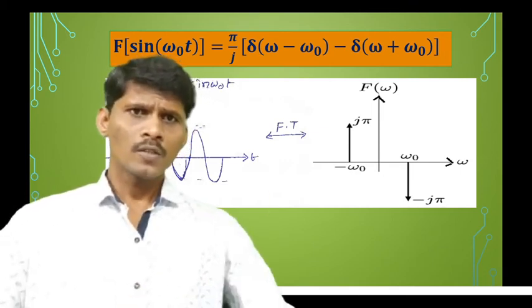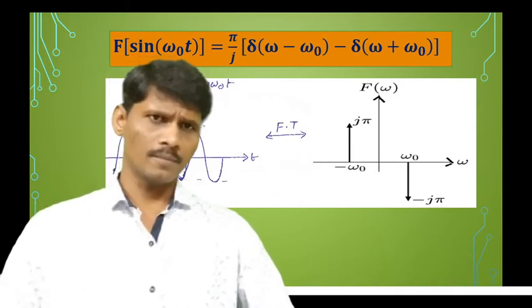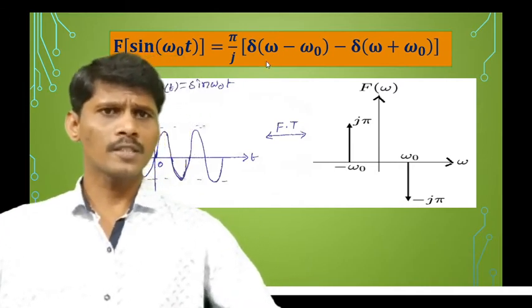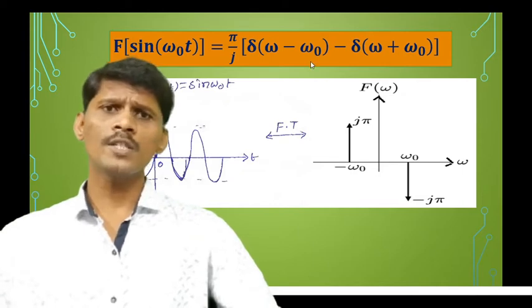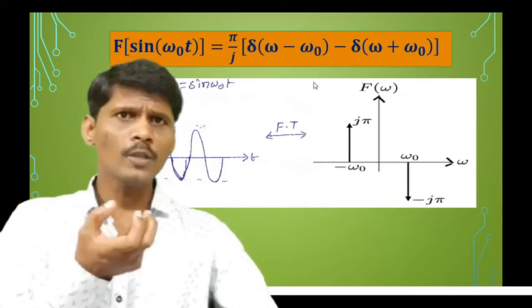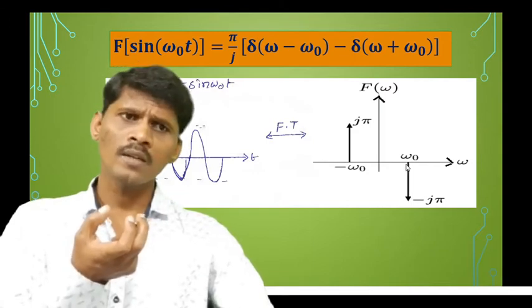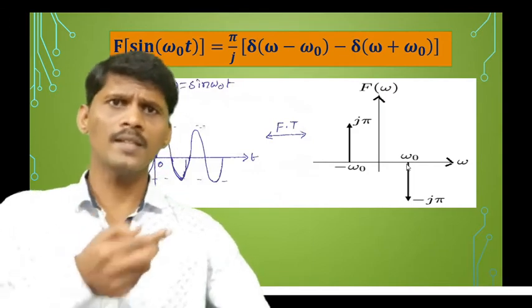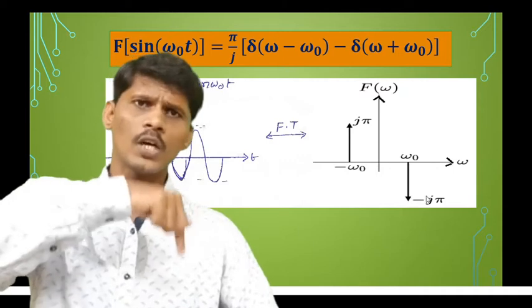Now, for the impulse function at omega is equal to omega naught, what is the magnitude? Minus pi j. So minus pi j is the negative value. At omega is equal to omega naught it is negative, so it is represented in the downward direction.